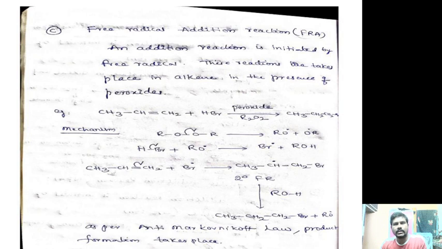The reaction takes place in the presence of peroxide. Without peroxide, that is an electrophilic addition reaction; with peroxide, that is a free radical addition reaction. Peroxide is the catalyst here.